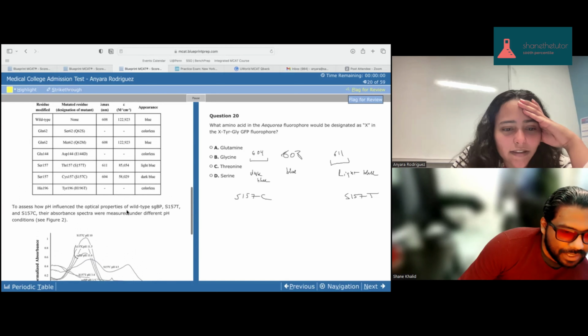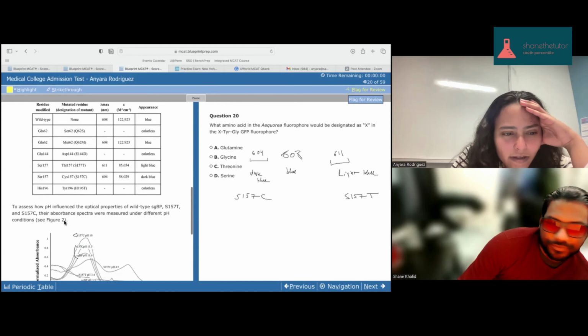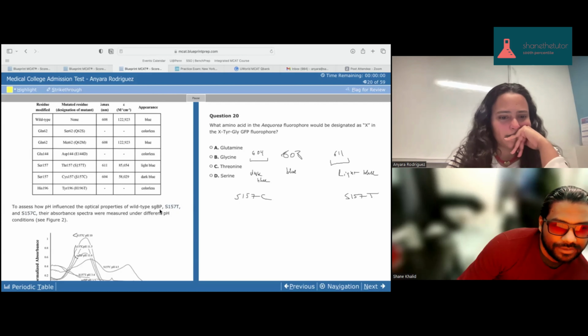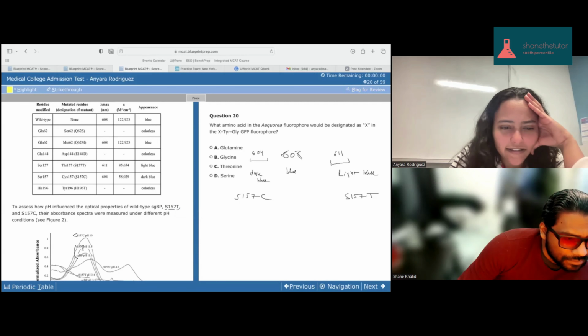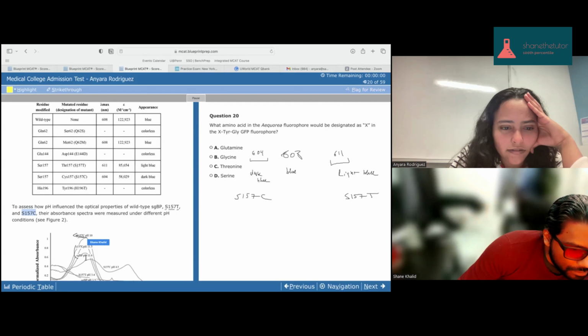The lowercase s doesn't mean serine, right? But here it's uppercase, and the uppercase ones are the mutations, because uppercase, then the location, then uppercase again. Are you sure that second one isn't the typo? It's S157C.